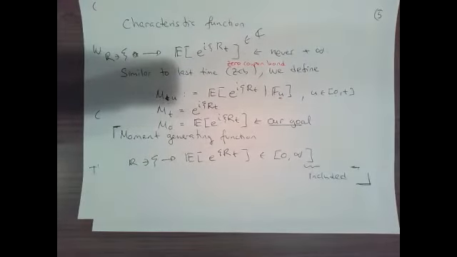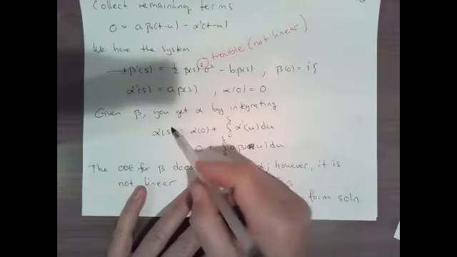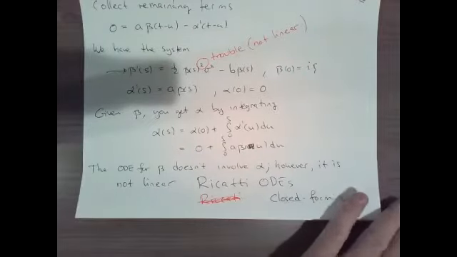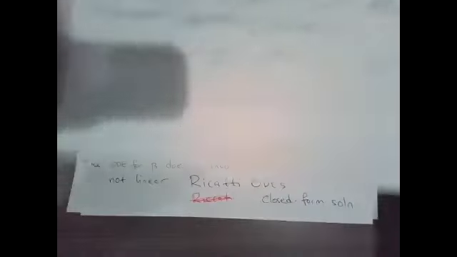And of course, when you get your beta, you go one step back, integrate to get alpha. Okay, so then you have alpha and beta, and then you go back, and then you get M0. How would you get your M0?